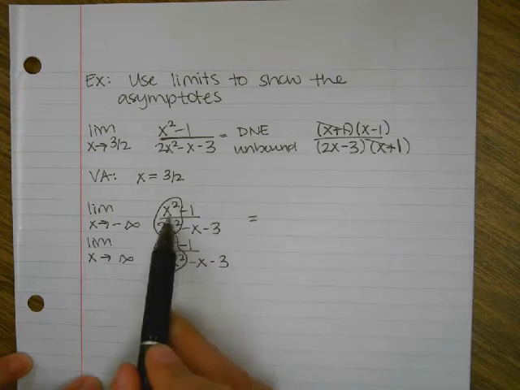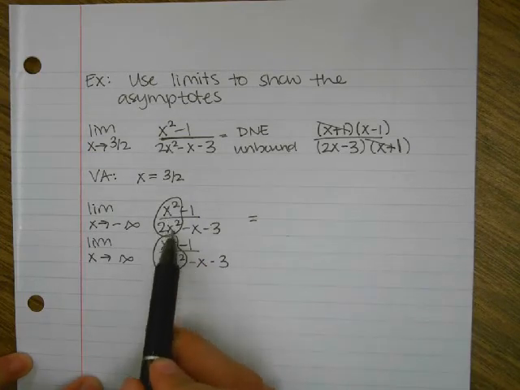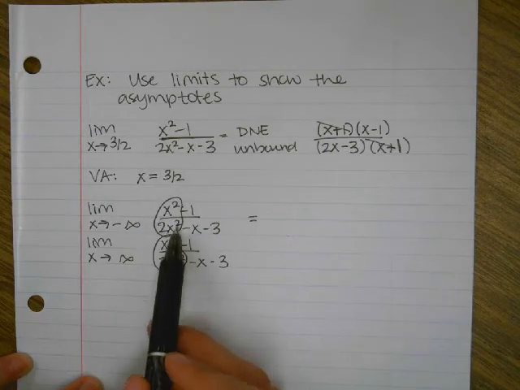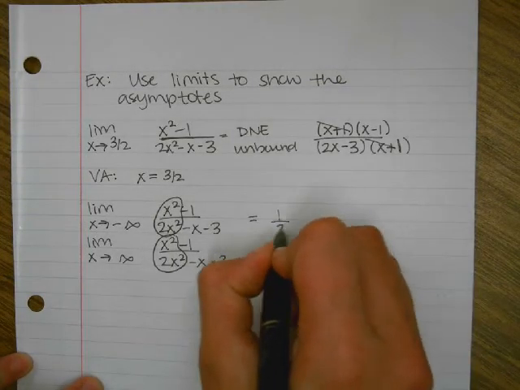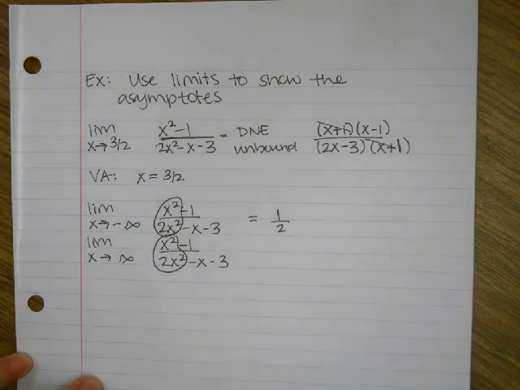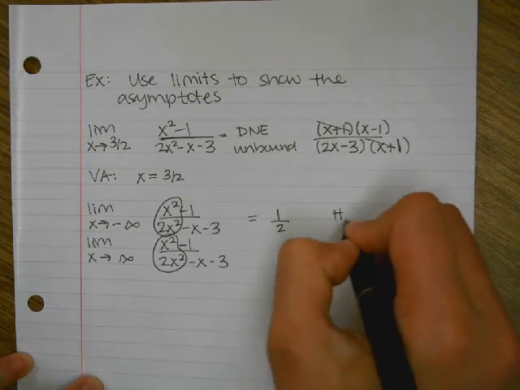So here I have infinity squared, and those are the same size. So they're essentially going to cancel out, and I'm going to be left over with this coefficient, which is a 1. I'm going to be left over with 1 divided by 2. So based off that, I know that on the left side, there's a horizontal asymptote I'm approaching, and that horizontal asymptote is at y equals 1/2.